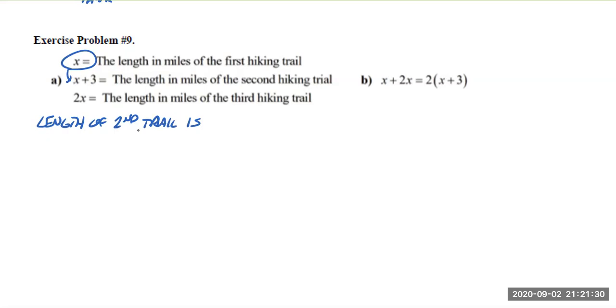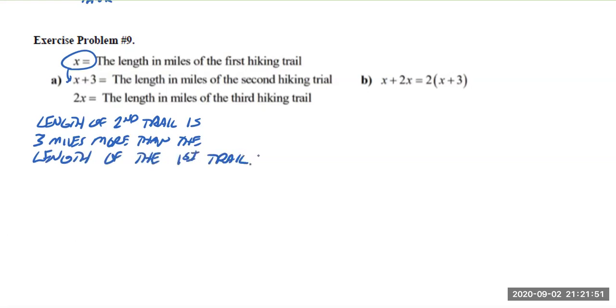So the length of the second trail is 3 miles more than the length of the first. So I got a relationship between the second hiking trail and the first, because X is used to define the length of the second hiking trail.